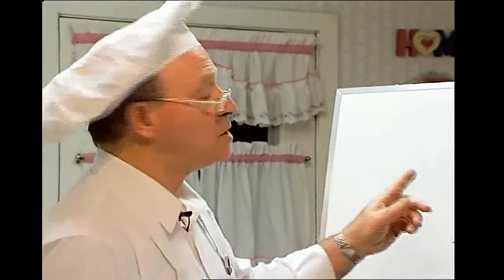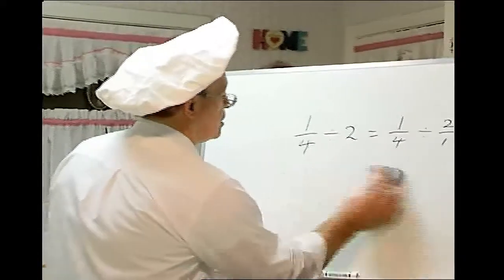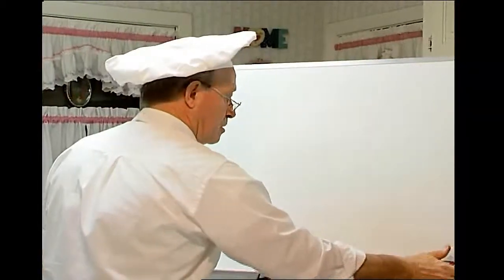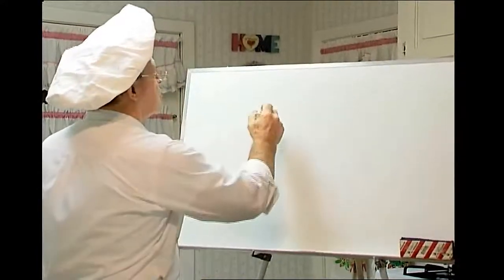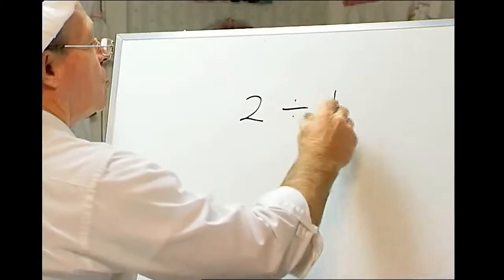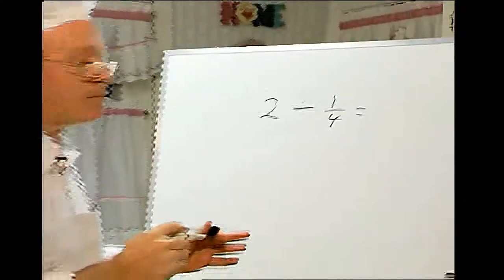Now it's very important when you're doing division to put the numbers in the proper order. Let me demonstrate this. Now if we take 2 divided by 1/4, what does that equal? Now we reverse that problem.